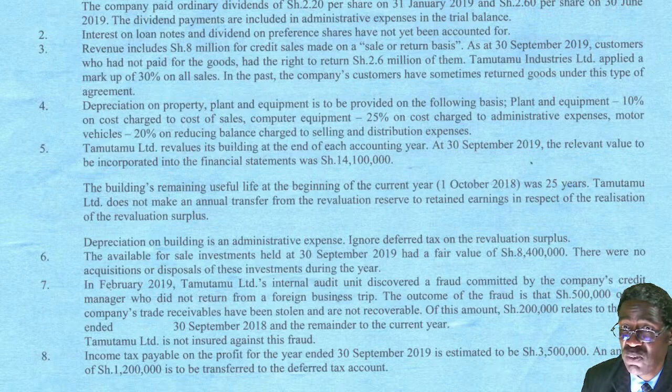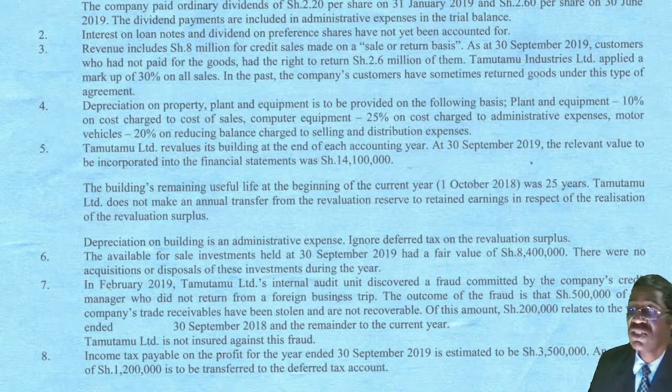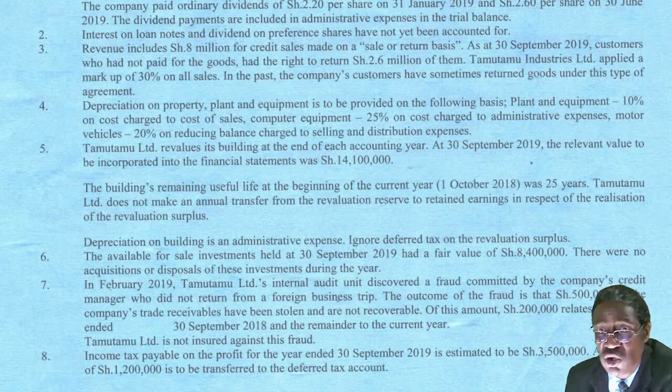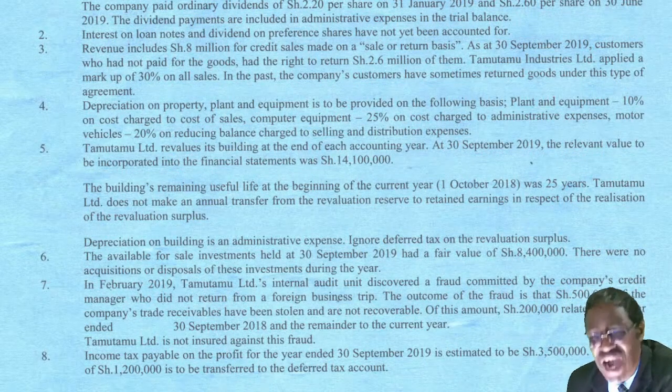Next one. You're also required to depreciate plant and equipment at 25%. And the policy is to charge to administrative expenses. That's their policy. Motor vehicle, you are required to charge at 20% on reducing balance and charge to selling and distribution.